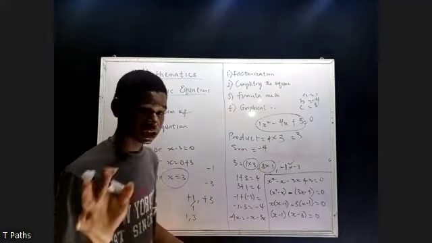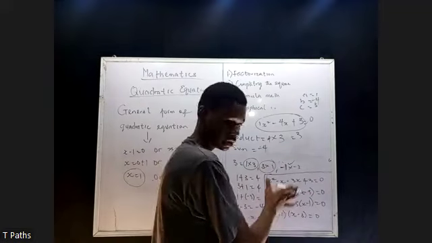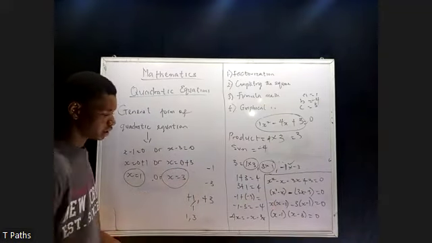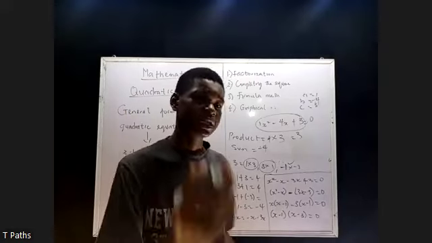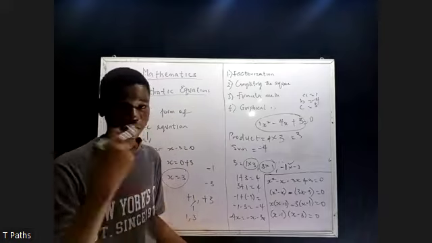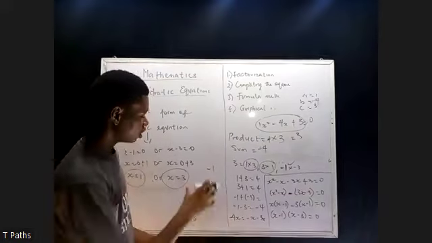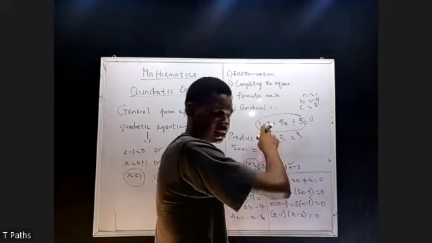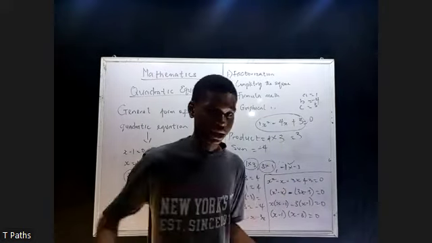But when you're in theory questions, you can just go ahead and do this, and then you get your answer: x is equal to 1 or x equal to 3. But in the objective, where you're trying to beat time, you can quickly do this. After getting your factors, you change the signs of the factors, then divide them by the coefficient of x squared. I think that is clear.